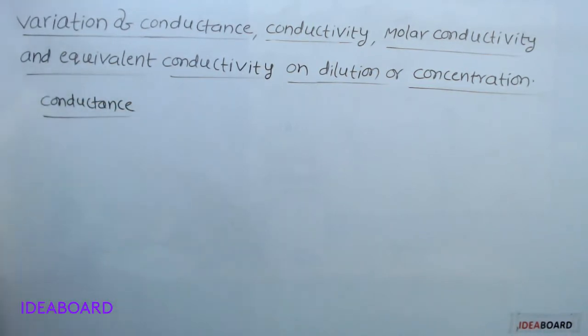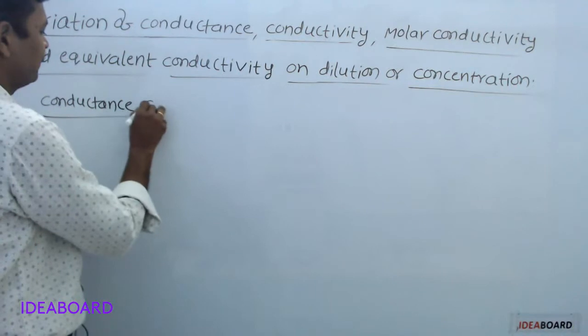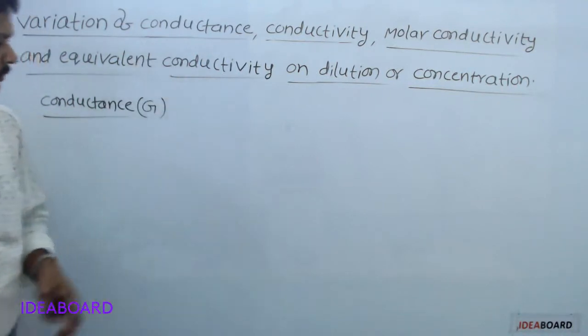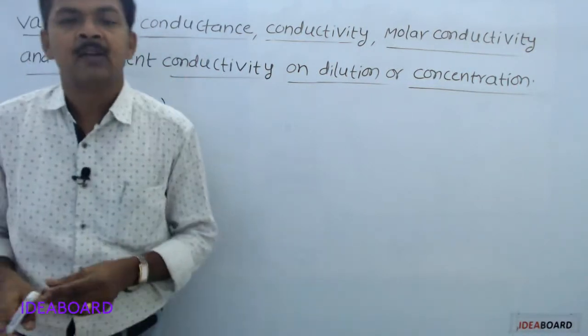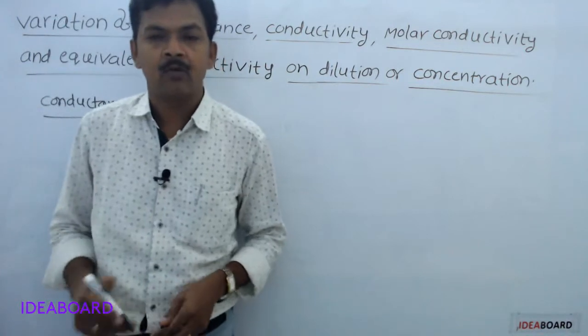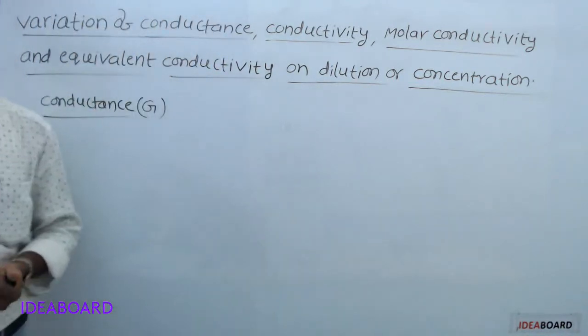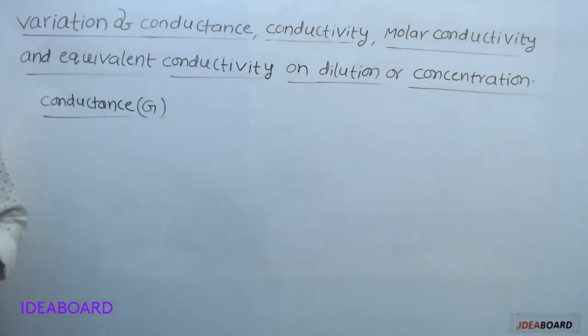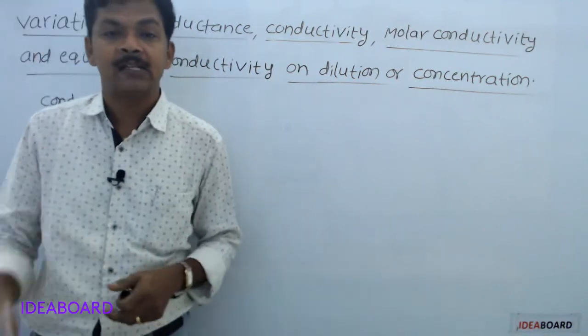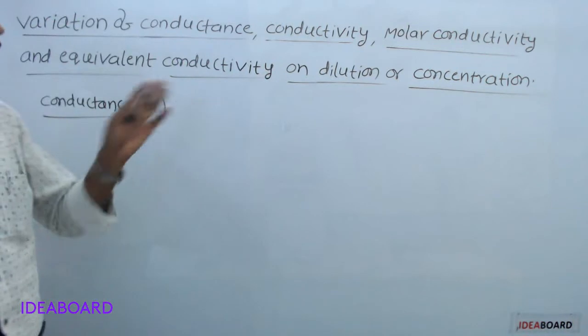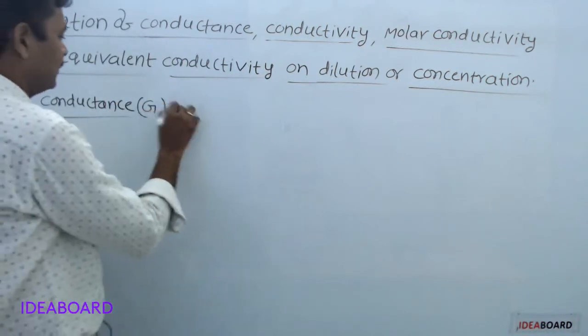Conductance is denoted by G. Conductance is nothing but the capacity of a material to conduct electricity, or the ease of mobility of ions. If the ease of mobility of ions is more, then conductance will be more.